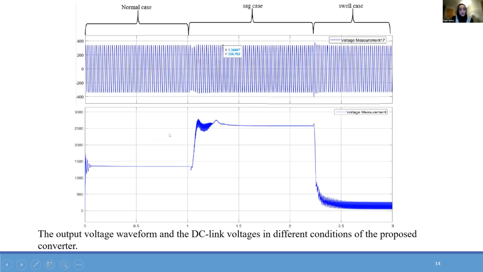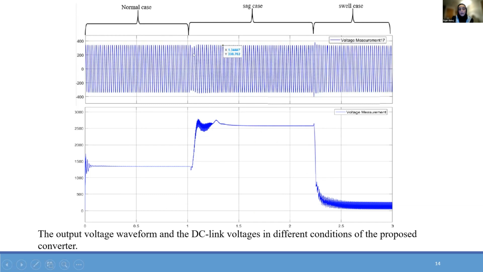So this is the first simulation. As you see here, from 0 second to 1 second, this is the normal case, where the voltage supply is 11 kV and the DC voltage is 1350 volts. In the second period, from 1 second to 2 seconds, this is the sag condition, so the voltage supply will be 10 kV.